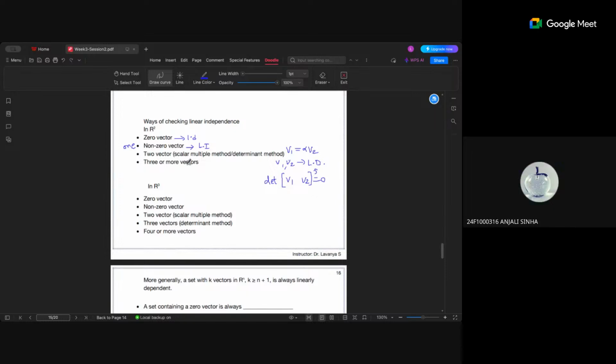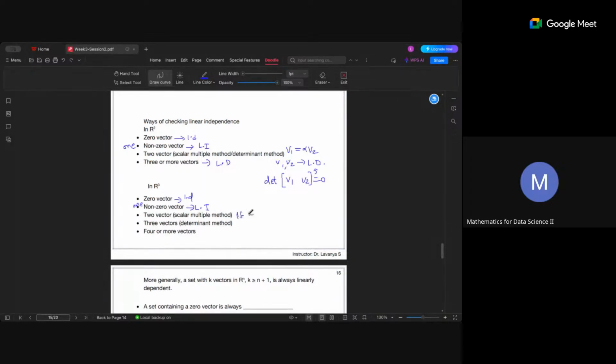Suppose there are 3 or more vectors in R2. Always dependent. Now in R3, what about the 0 vector? Linearly dependent. And one non-zero vector? Linearly independent. If you have two vectors, you have to use the same scalar multiple method only.